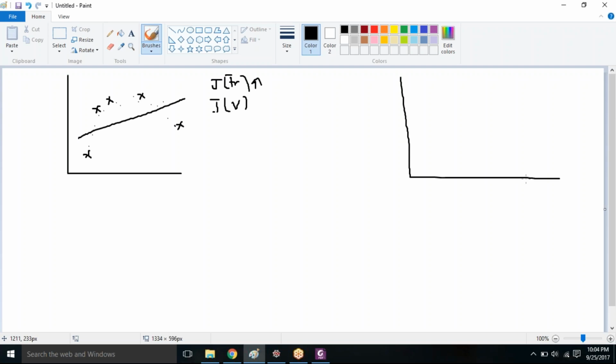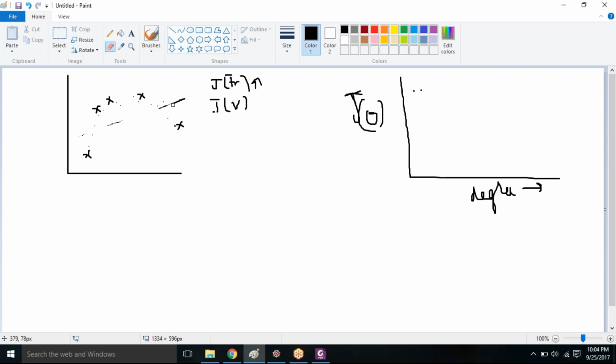So if this is the curve which I am making and this is the degree, and here I am plotting the cost, you are saying that at degree one both validation and training errors are high. Just see what I am going to make. When I go to degree 2, suppose it is going to be a best fit at degree 4, at degree 2 again the training error will be high.